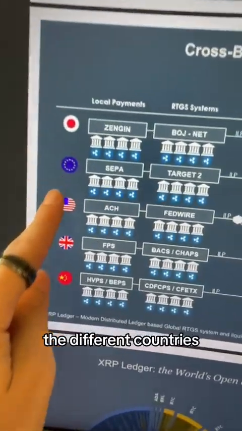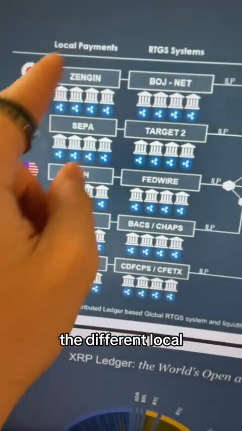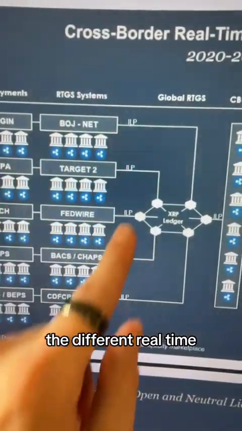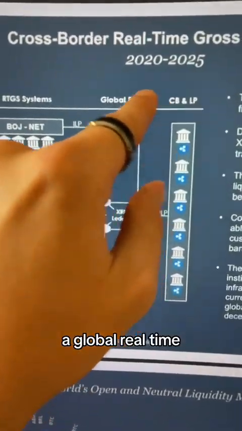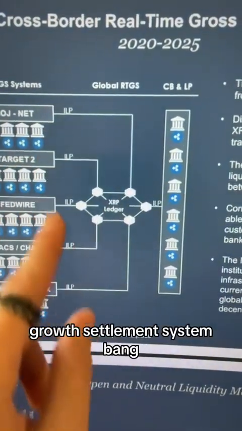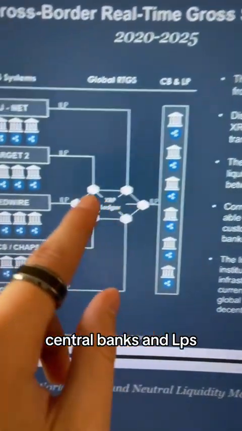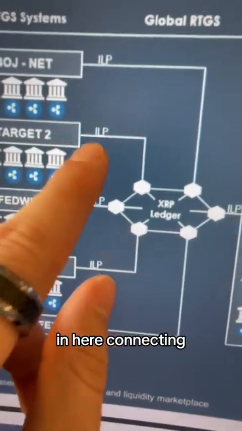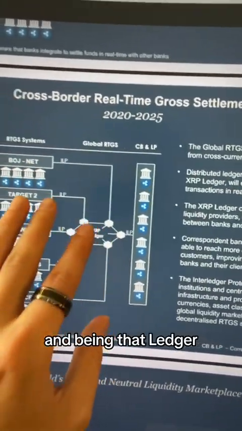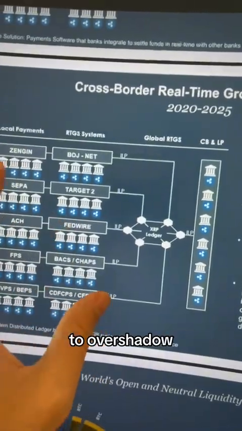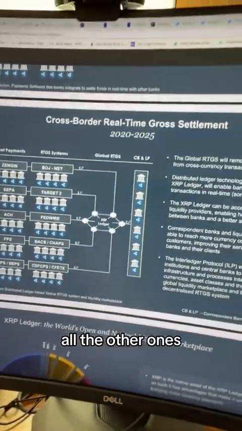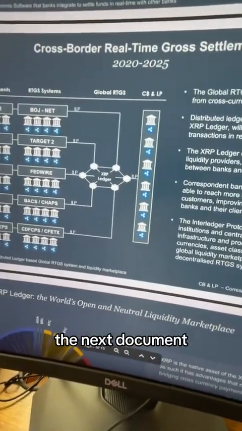But as you can see, the different countries, the different local payment systems, the different real-time gross settlement systems, a global real-time gross settlement system, bang, central banks and LPs. Then you have ILP in here connecting and being that ledger to overshadow all the other ones. And I'll show you the next document to show you that.